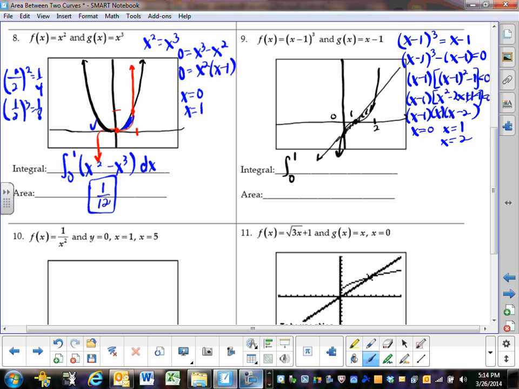So from 0 to 1, we have x minus 1 cubed minus parentheses x minus 1 dx. Plus, from 1 to 2, I have the line x minus 1 minus the curve dx.